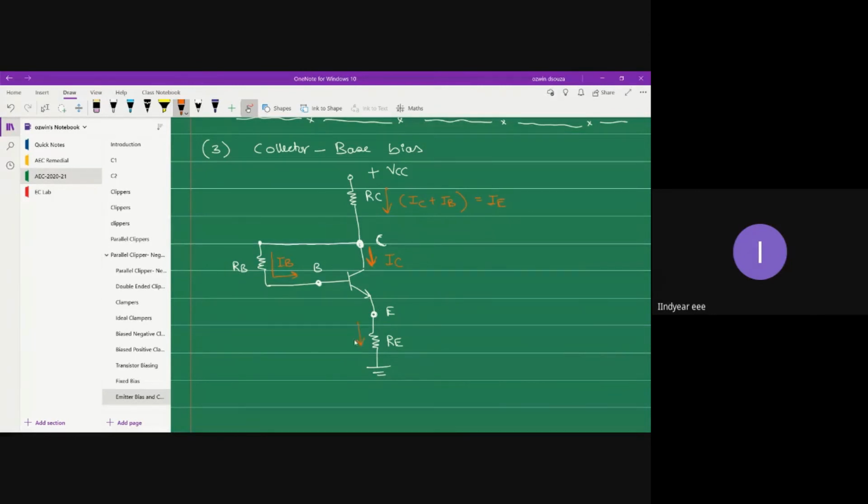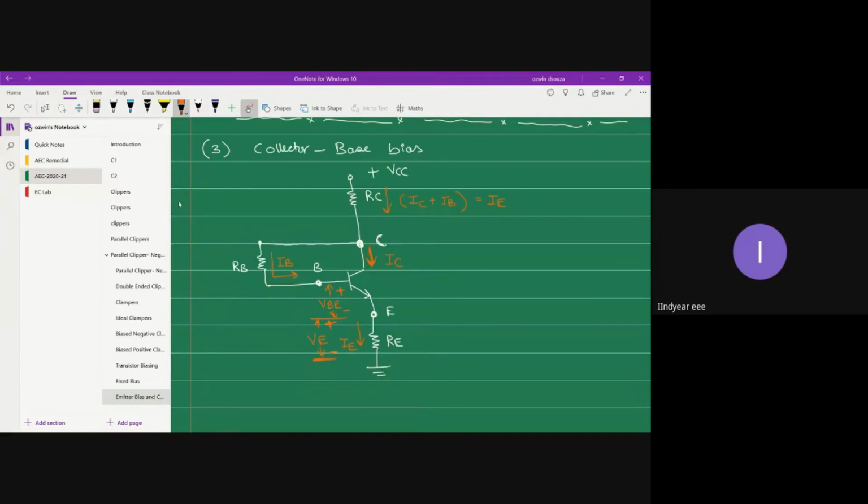So this is the exception. This is your IE. And this is your VB, plus and minus. And across emitter and ground you have VE, again upper side positive, lower side negative.